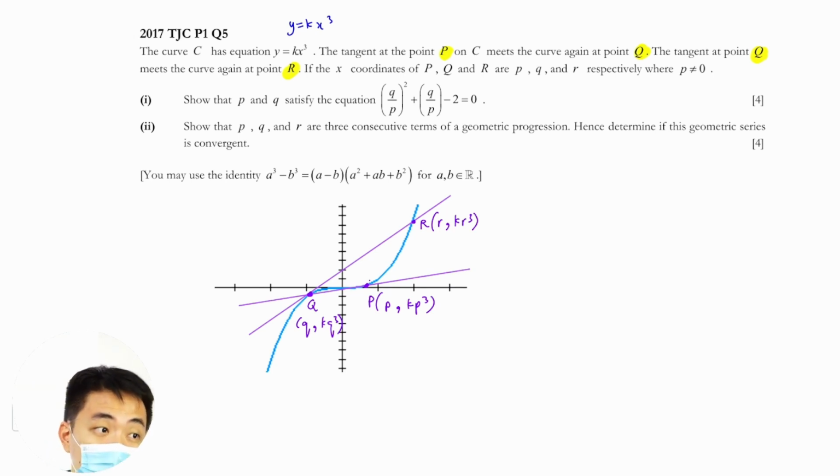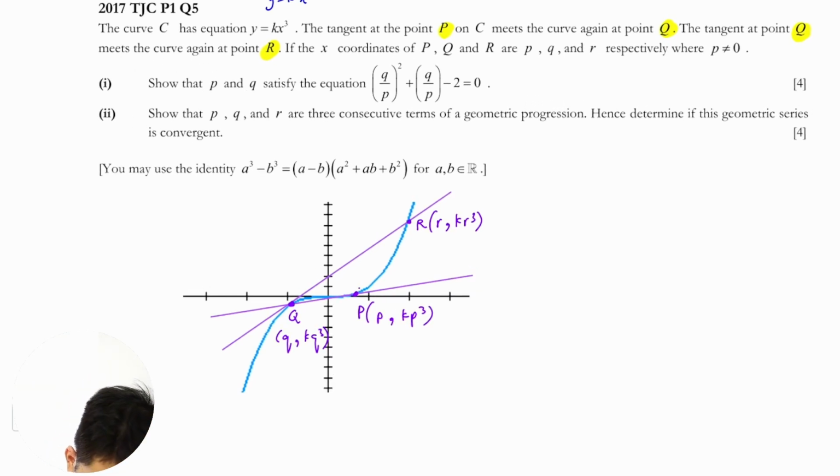Okay. So now what is the problem here? The problem here is essentially, look at this one carefully. This is P, this is Q. Essentially you are just looking at P and Q, the direction here, P and Q. So very quickly, we know that this is the gradient of PQ. The gradient here is dy/dx when x equals p or q.